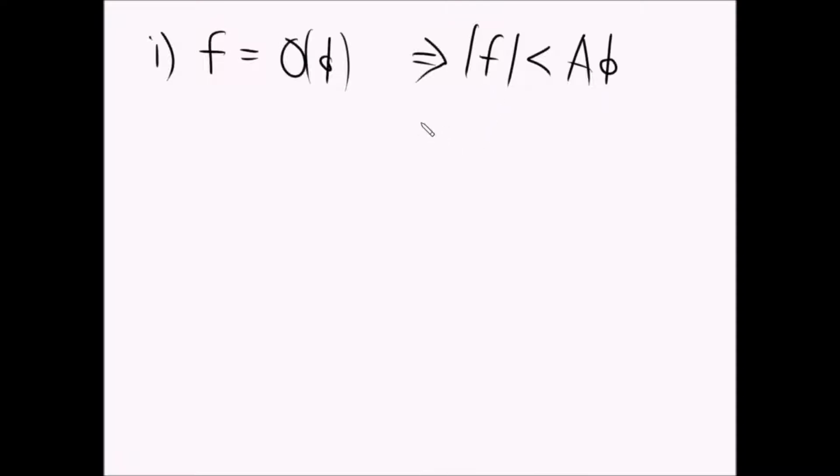So let's illustrate this with an example. Take 10x is big O of x. The reason this is true is that 10x is a linear function of x. The rate of change is constant as x increases, 10x increases 10 times as quickly.